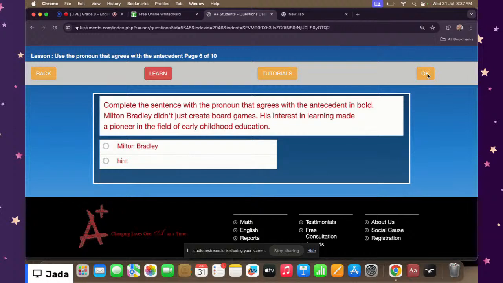Milton Bradley didn't create the board game. His interest in learning made him a pioneer in the field of early childhood education. Made him, okay? So singular goes together with singular.